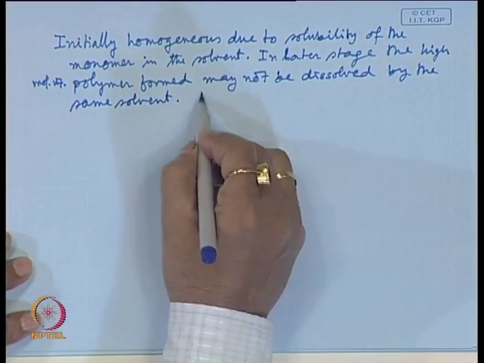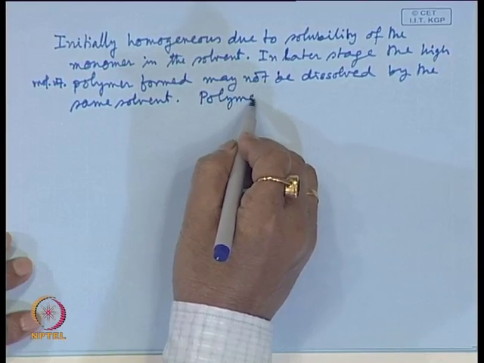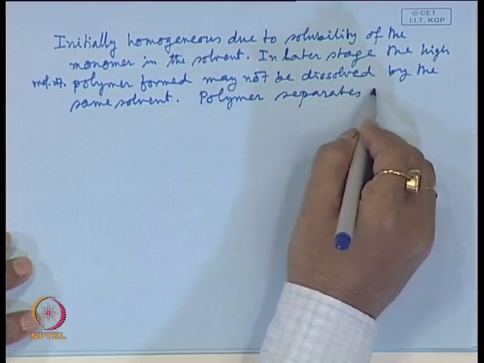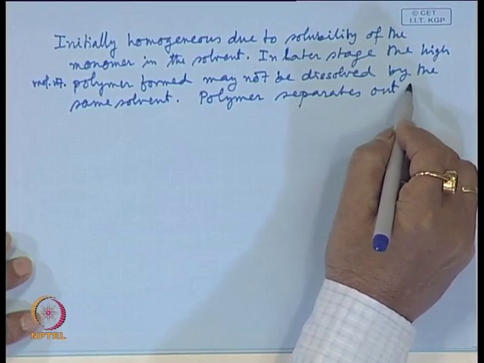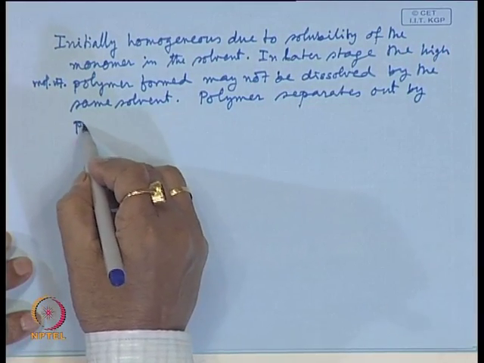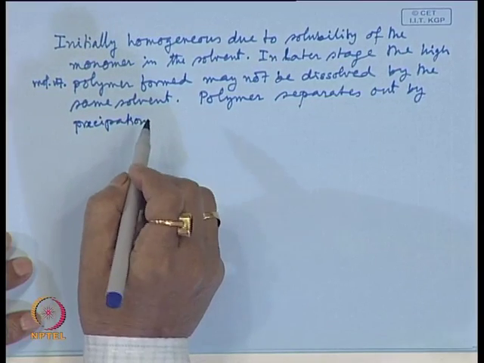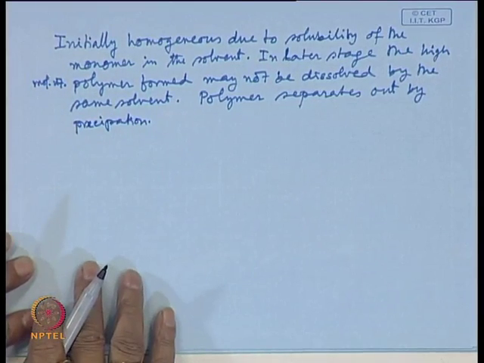In that case, polymer separates out by precipitation. That is a good technique again. Initially, it is homogeneous system.